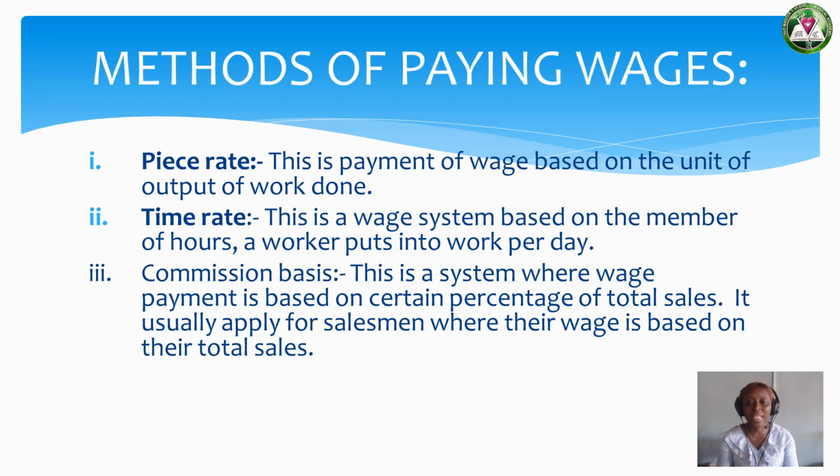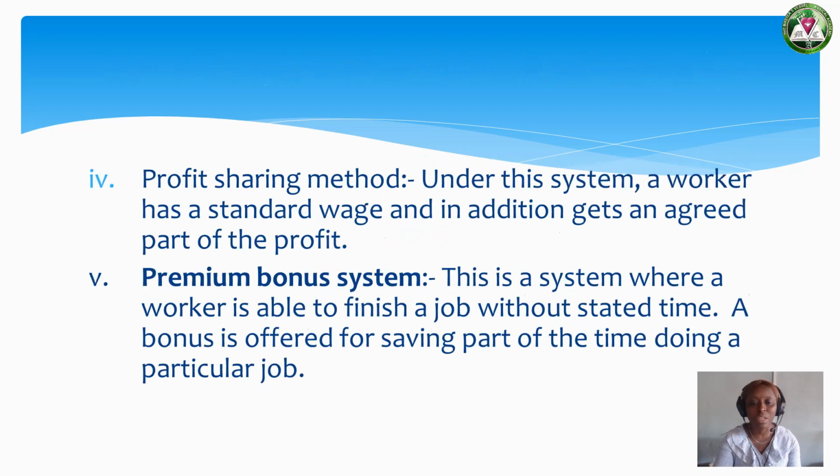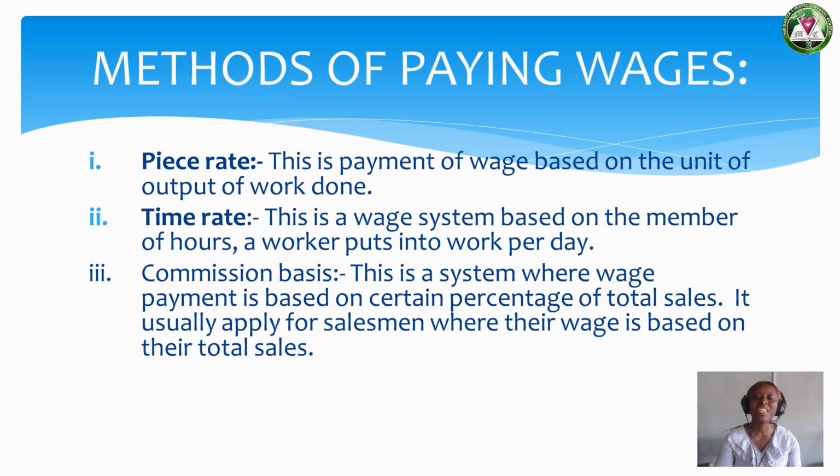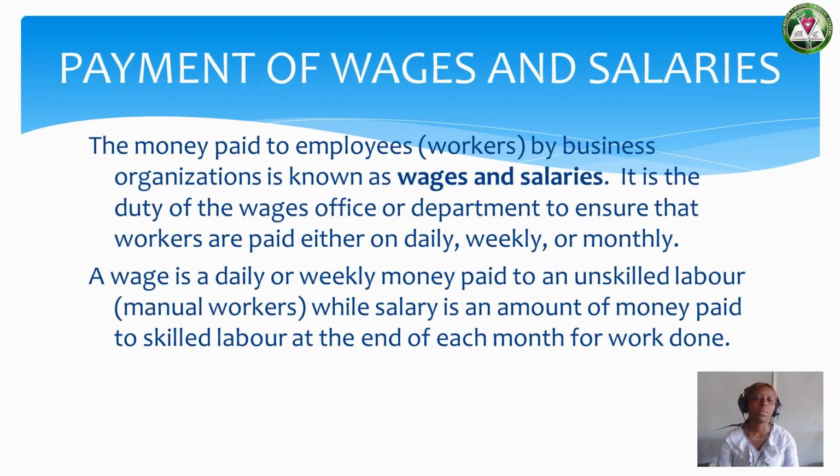If you can sell as many as possible, your wage will be high. For example, a company may tell you selling 1 carton is 200 naira. You will see salesmen and distributors struggling to sell as many as possible so as to increase their wage. That is why we said it is based on a certain percentage of their total sales.